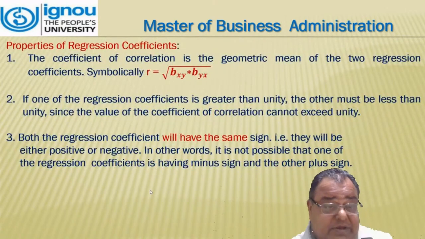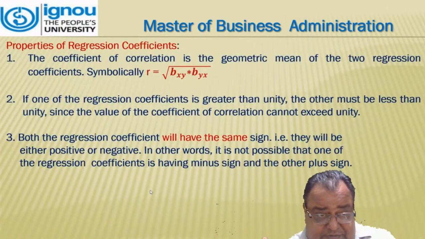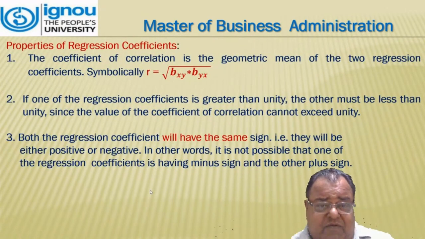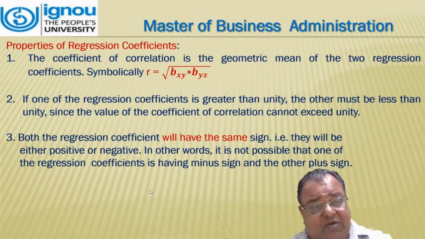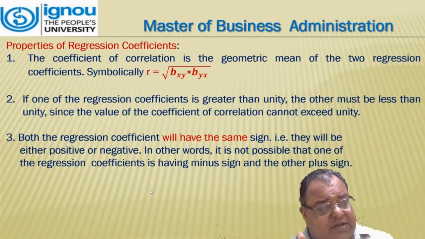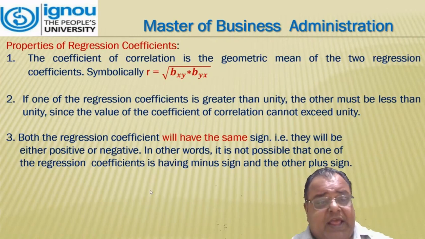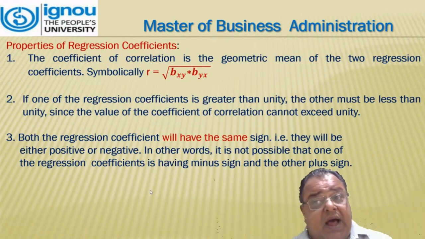What are the properties of the regression coefficient? The coefficient of correlation is the geometric mean of the two regression coefficients. That means r is equal to the square root of the product of bxy and byx. If one of the regression coefficients is greater than unity, the other must be less than unity.